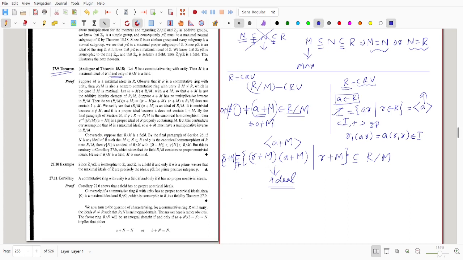We know that there is a canonical homomorphism. This is what we have explained in the textbook here.